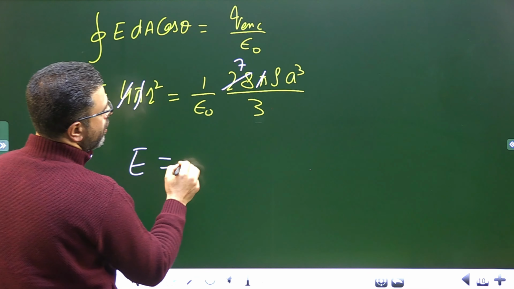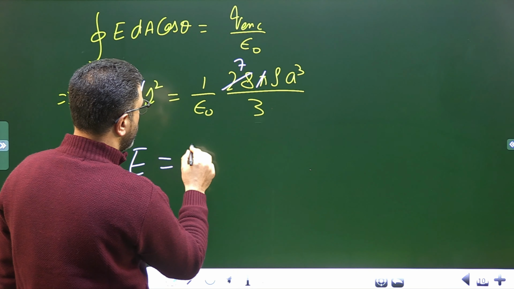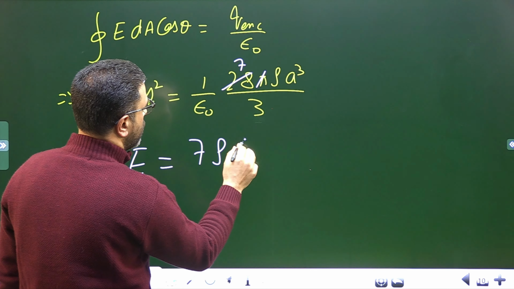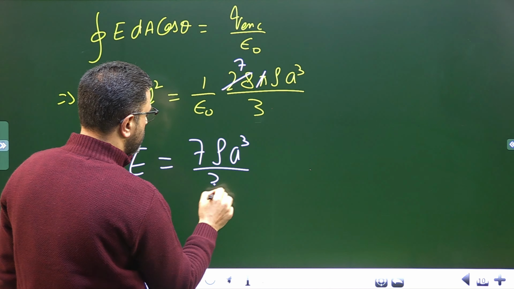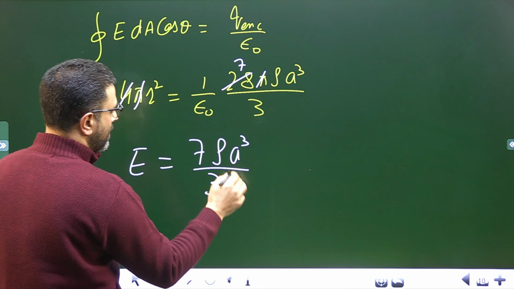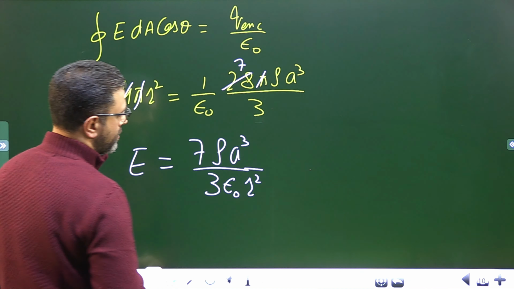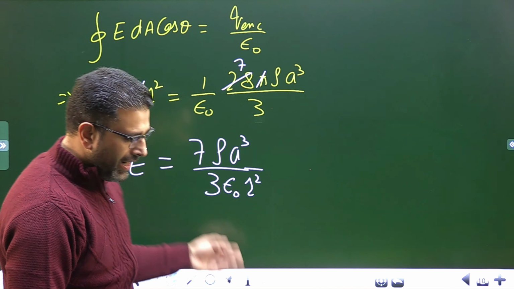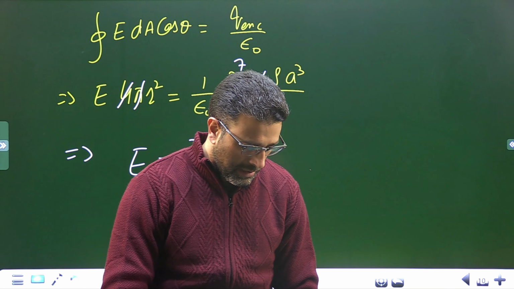So E is equal to 7 rho a cube divided by 3 epsilon 0 r square. So this is the field at a point lying outside this sphere.